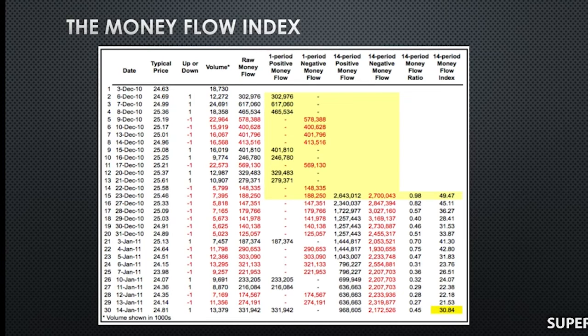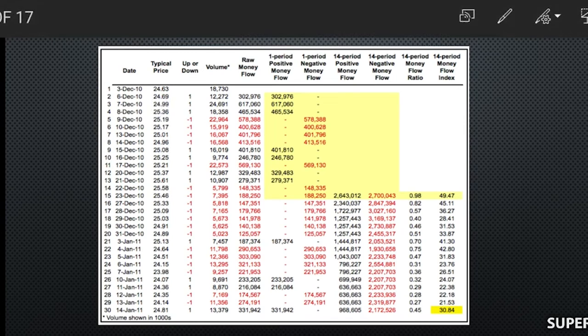Okay, and these positive money flows and negative money flows we have taken from these price fluctuations. If the price is increased, it is considered positive, and if the price is decreased, it is considered negative.